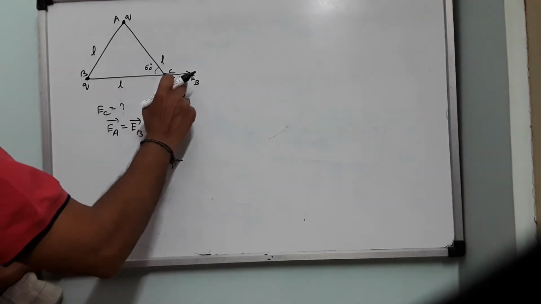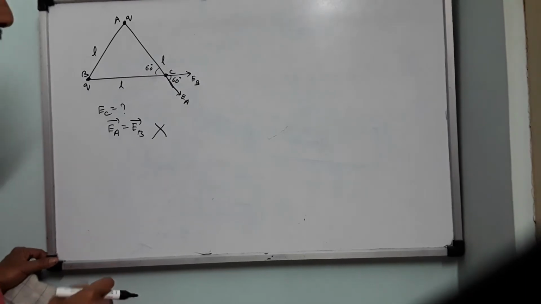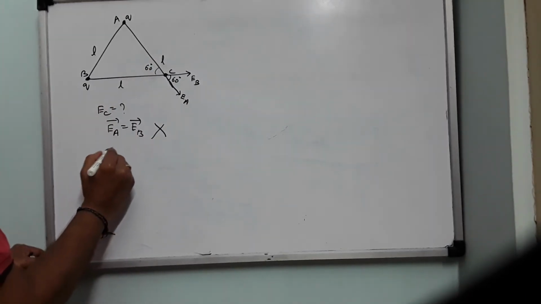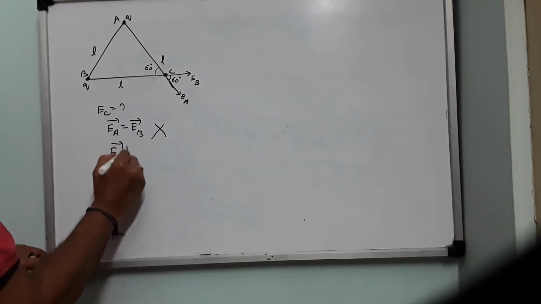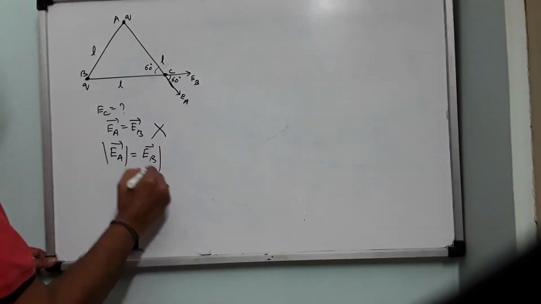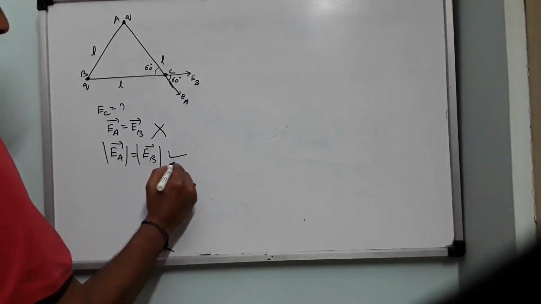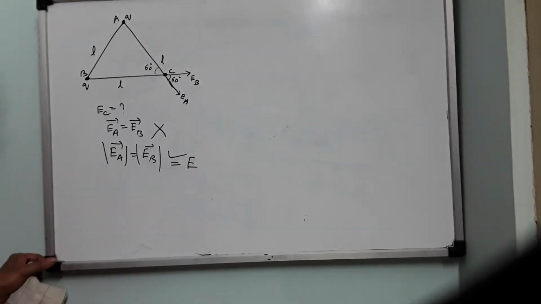The magnitudes of EA and EB may be equal, but they are not pointing in the same direction. Then how should I correct this? You can correct it as the magnitude of EA equals the magnitude of EB. This expression will be right. Is this clear? Right.